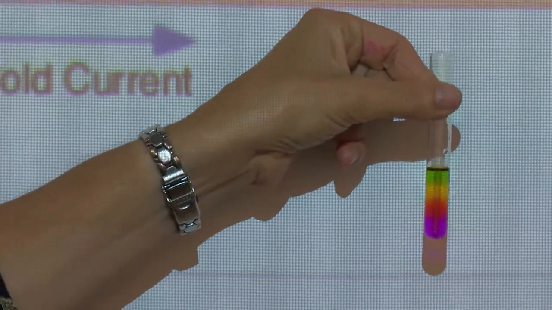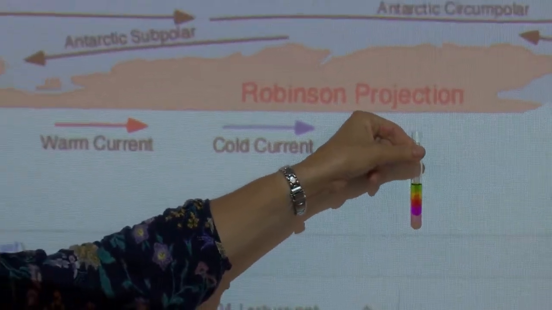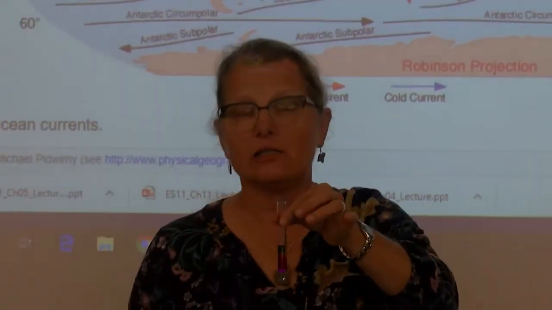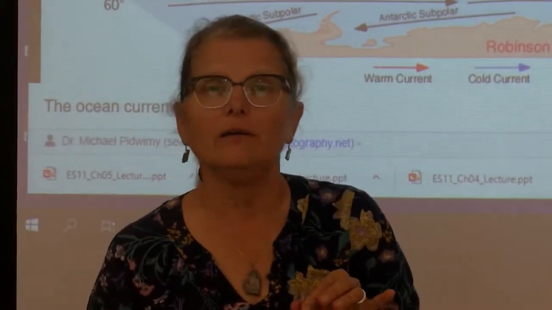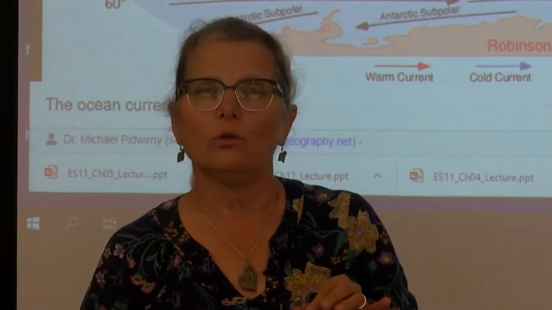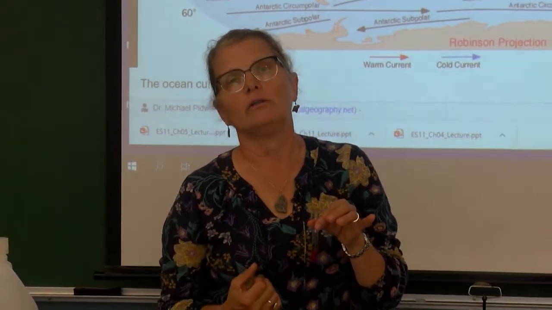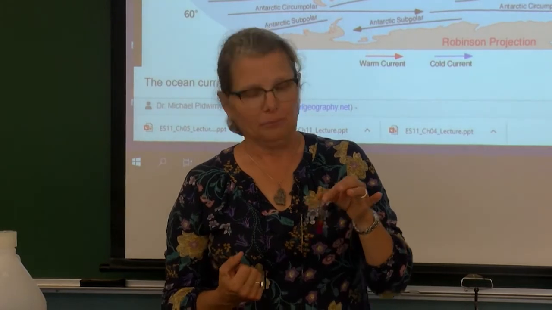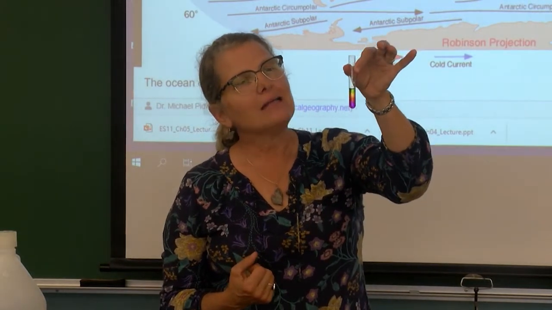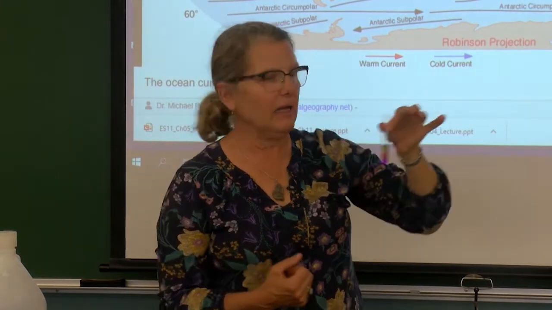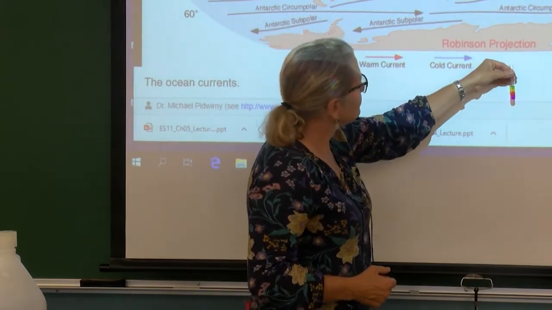So what I would like you to do with your kids is do something like this. If you want to make it more challenging, have some cold also. So have 100% cold and 50% cold and see what they come up with. But asking the question, how does salinity affect density?